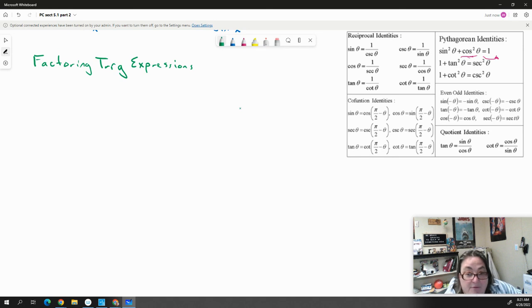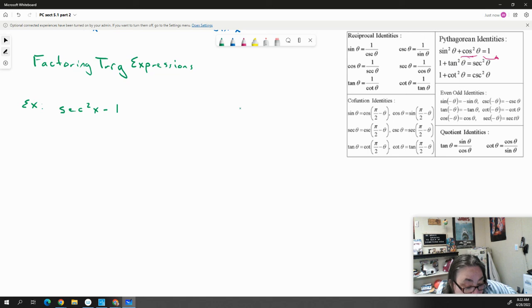So if I have, for example, secant squared x minus 1, and I ask you to factor that expression, we have to start thinking about things a little differently.